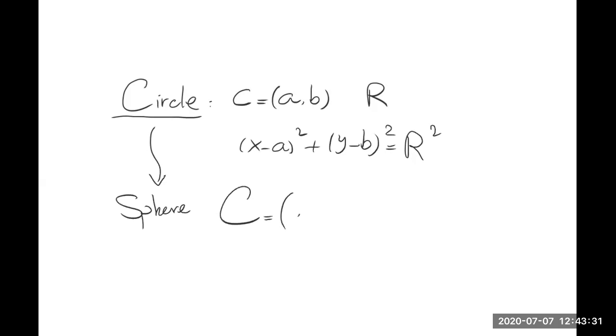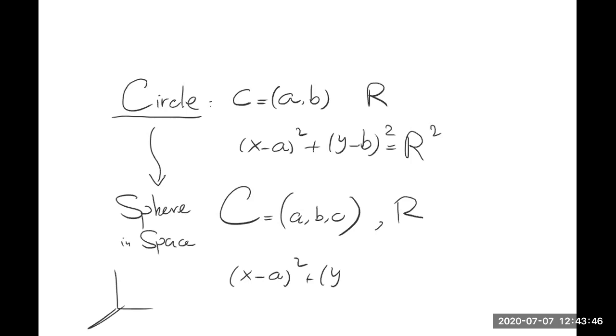The center needs 3 numbers because sphere is something in space. The center needs 3 numbers, a, b, c, and then radius r. The equation is x minus a squared plus y minus b squared plus z minus c squared equals r squared. That's an equation of sphere in 3-dimensional space.